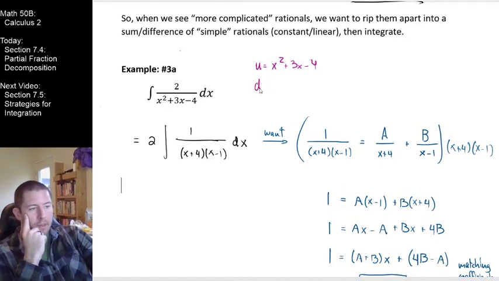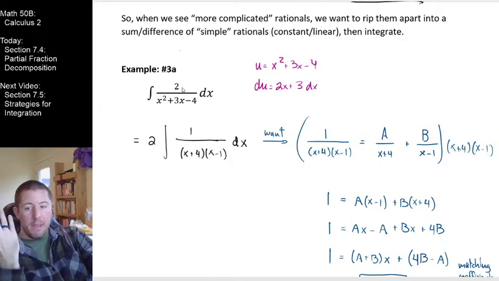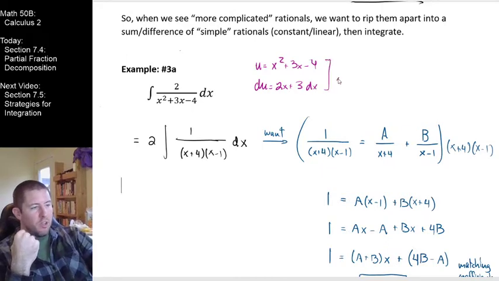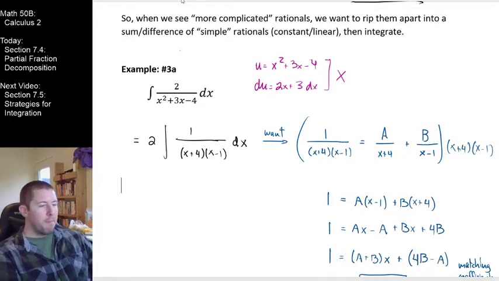But the whole problem is when I go to get my du, 2x plus 3 dx, I don't have any x multiple times the dx, right? If that was a straight up 2x right there, I'd be in a lot better shape to do this just by a u sub, but we don't have that, right? So it looks like doing that u sub doesn't work. We don't have the components we need in the numerator to make it happen.